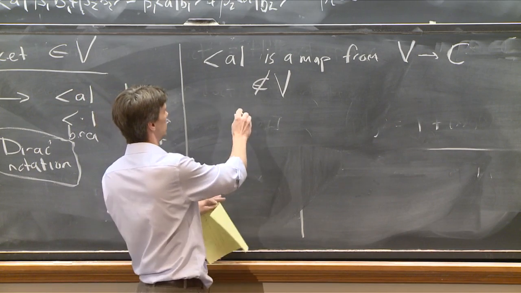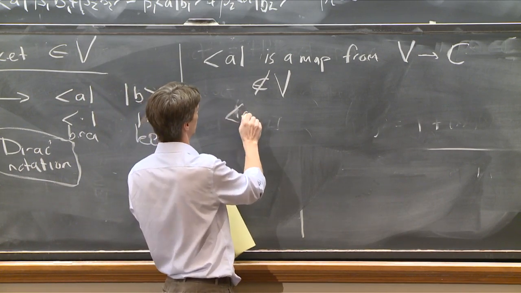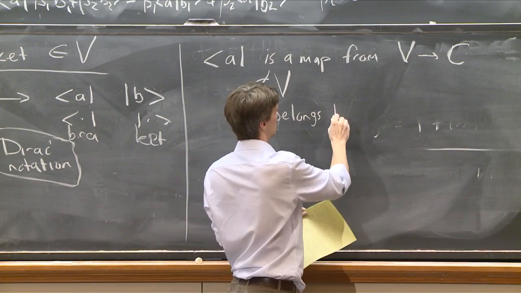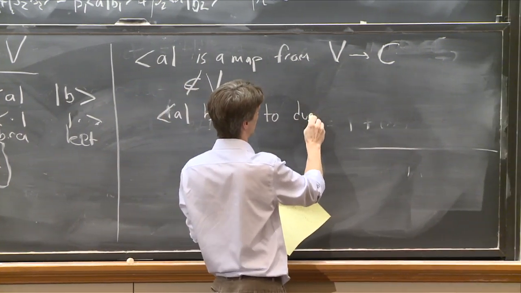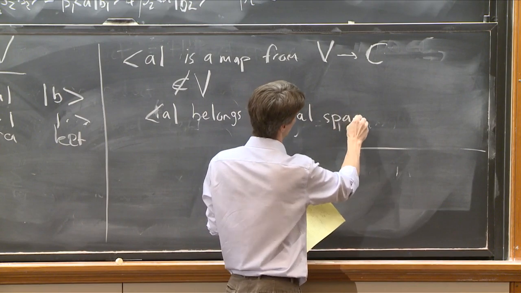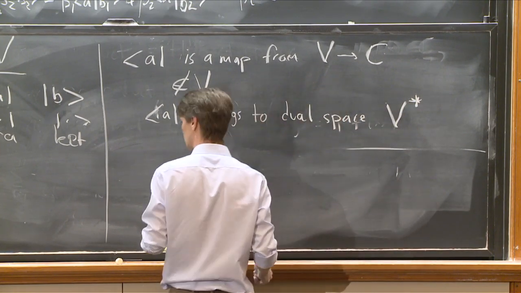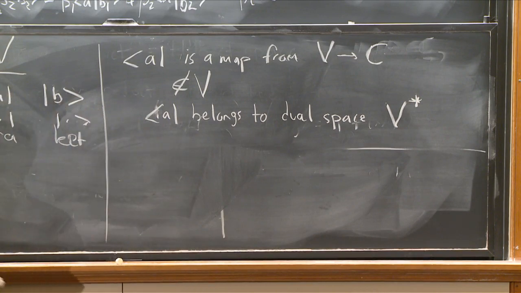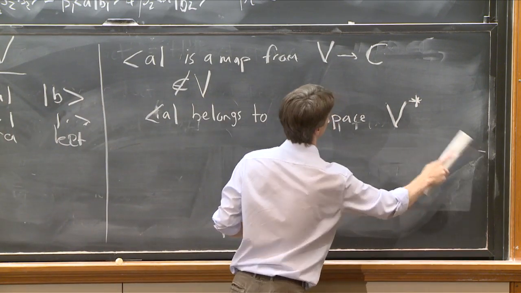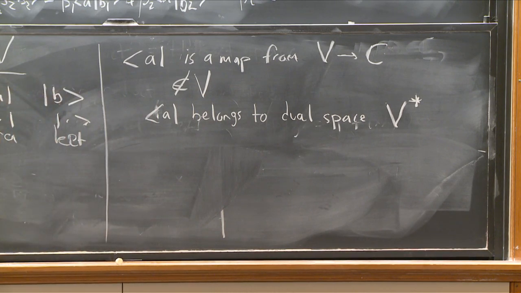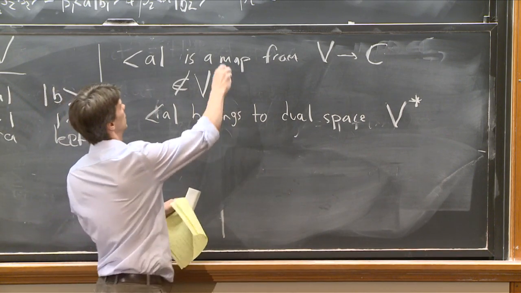We actually say that it belongs to a dual space, which we label as V star, because it is very dependent on V, right? It's maps from V to C. Okay? And I should even say this is a linear map.